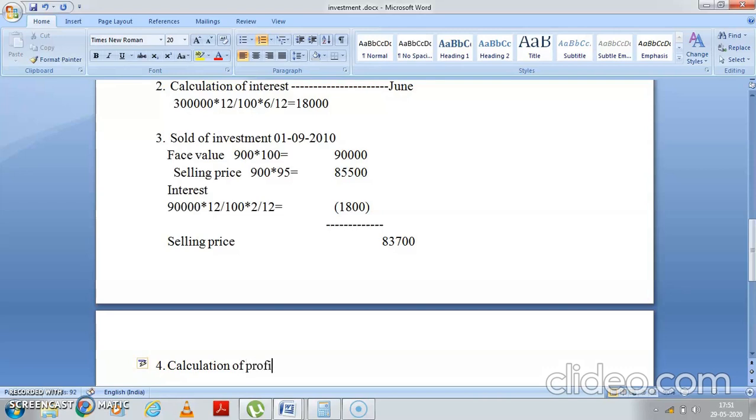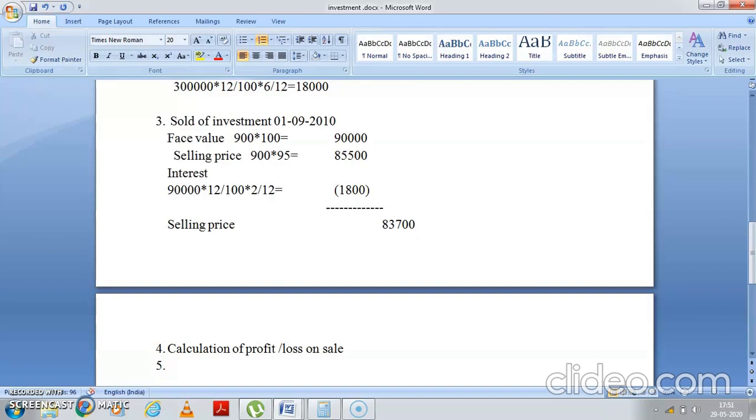Whenever you're selling an asset, you always have to find out whether you're having a profit or loss on sale. Now students, you know what the sale price is? How much have you got? You have sold your investment because it was GUM, so the sale price is 83,700.